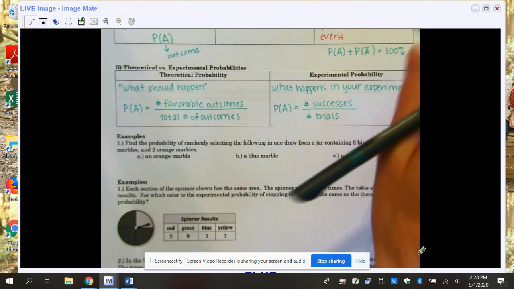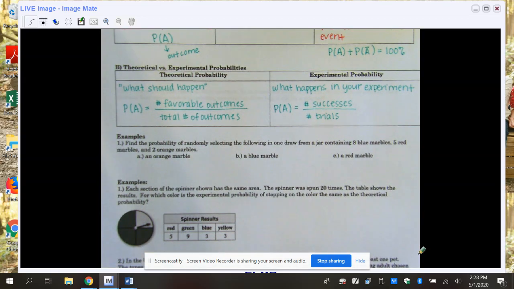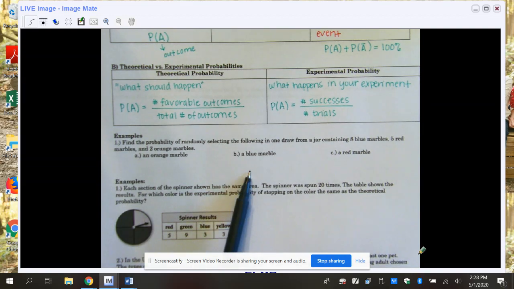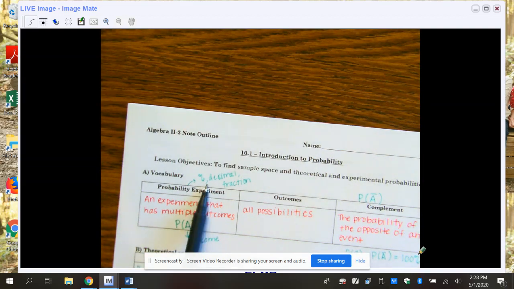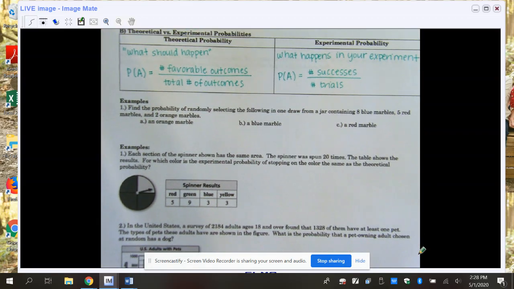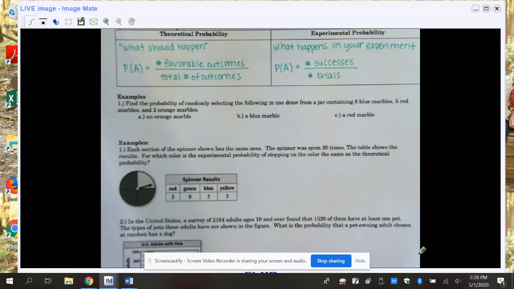So if we look at these examples, just calculating basic probability, for maybe the first two, I'll show you how to express it in all 3 different ways. And then from there, unless the directions specifically tell you how to express it, you should express it how you can picture it, which for most people is going to be a percent.